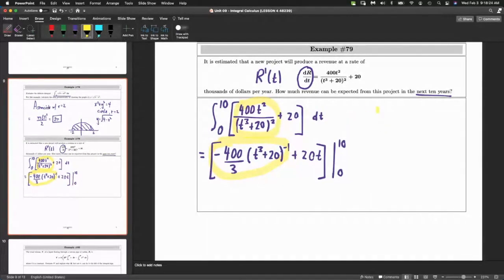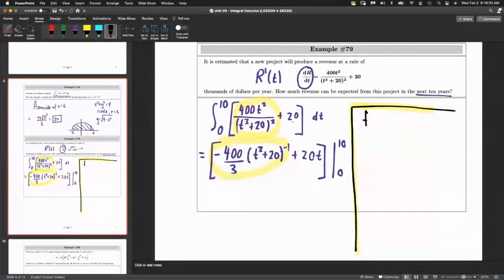So I'm just going to do that over here. I'll just pick a different pen here. So we have the following. I'm not focusing on the 20 because the 20 is easy. So if we had a derivative which was the following, f of t, sorry, then that would be 400 t squared, t cubed plus 20 to the negative 2.